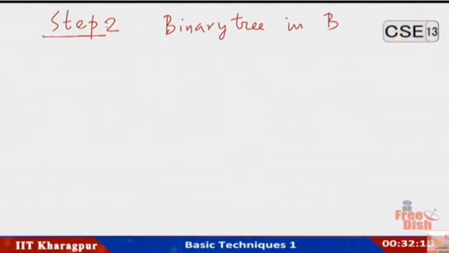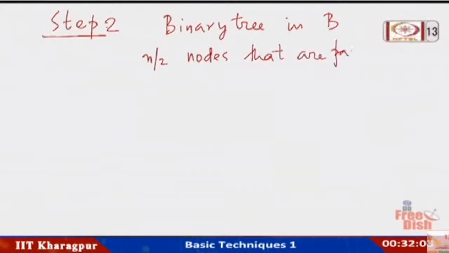in every single sub-step. So initially we have n by 2 nodes that are parents of the leaves. These nodes are first filled.